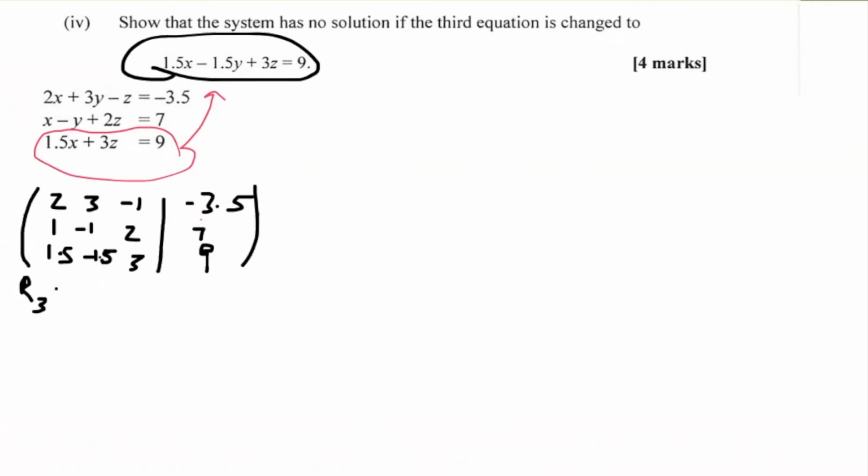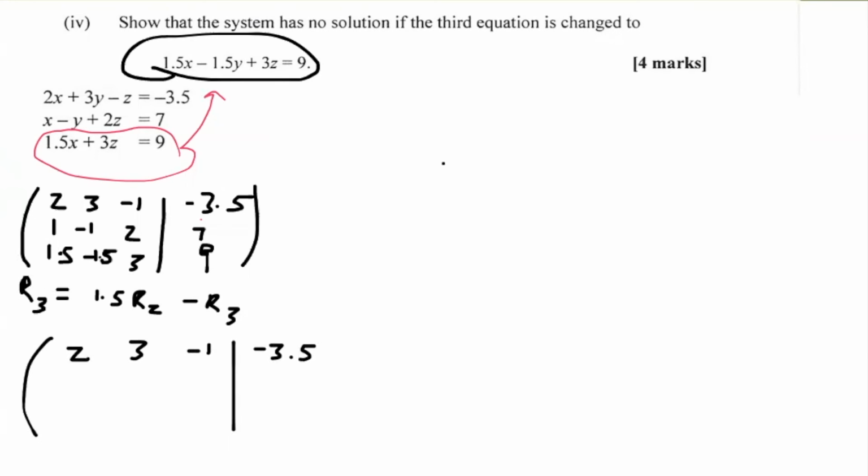So row 3 operation is 1.5 row 2 minus row 3. Because if I multiply row 2 by 1.5, it will look the same and I can just subtract to get 0. So I'm trying to get zeros in row 3. That's where I'll get no solution.